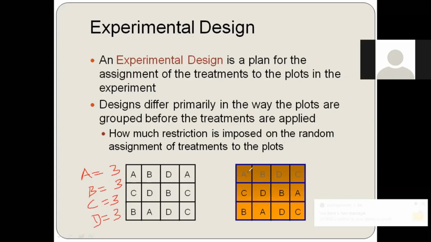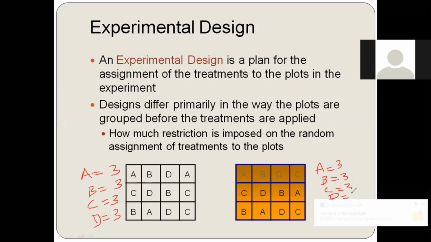Interesting. Now look at this example. How many times is A appearing? 3 times. B, 3 times. C, 3 times. What about D?